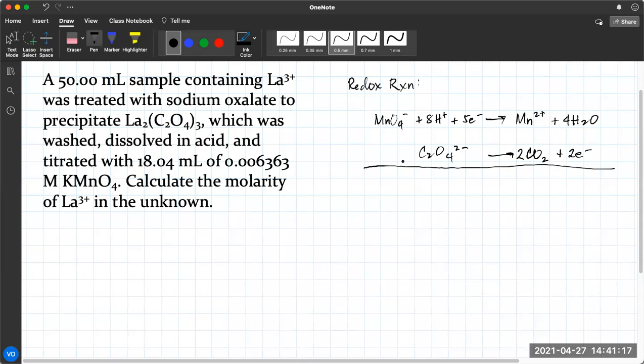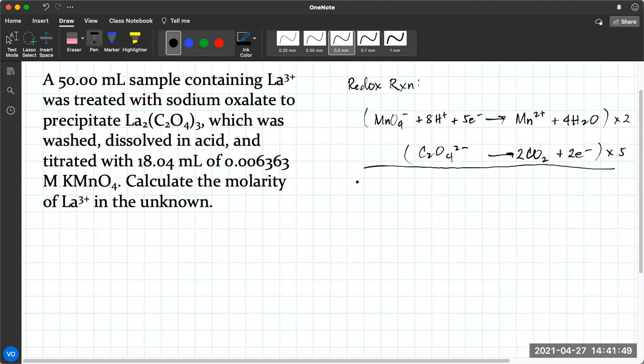To do that, the number of electrons lost should be equal to the number of electrons gained. Therefore, this reaction will be multiplied by 2, and this reaction will be multiplied by 5, so that you have a total of 10 electrons lost, and that is equal to 10 electrons gained.